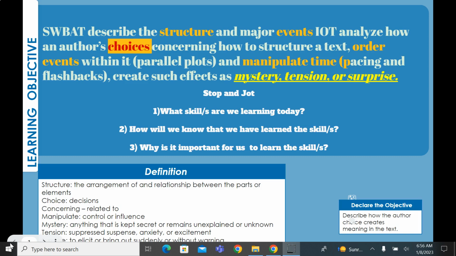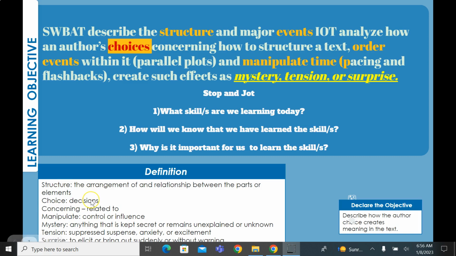Yes, we're still talking about that, because remember, I told you guys that all of these standards will always work together. Even though we teach them in isolation, they all work hand in hand. Okay? Alrighty. So here's what you need to know. You definitely need to know what the words mean at the bottom.